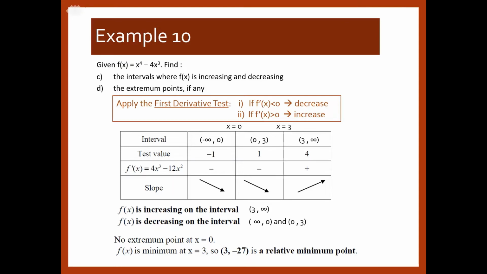From the table of f'(x), there is no extremum point at x equal to 0, as there is no change of sign. However, f(x) is minimum at x equal to 3, in which (3, -27) is the minimum point.